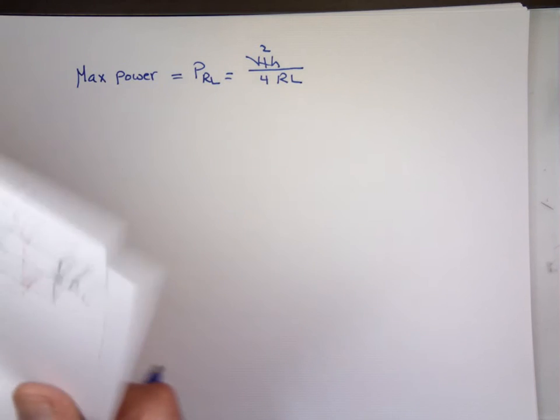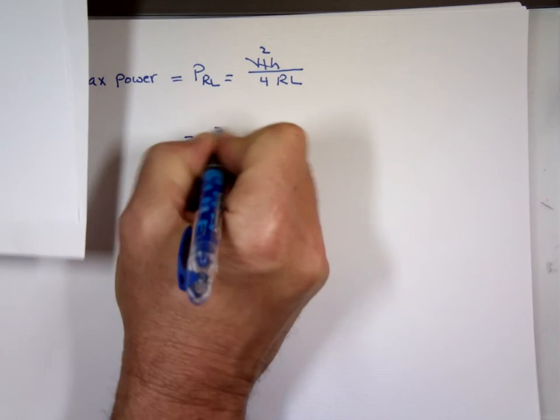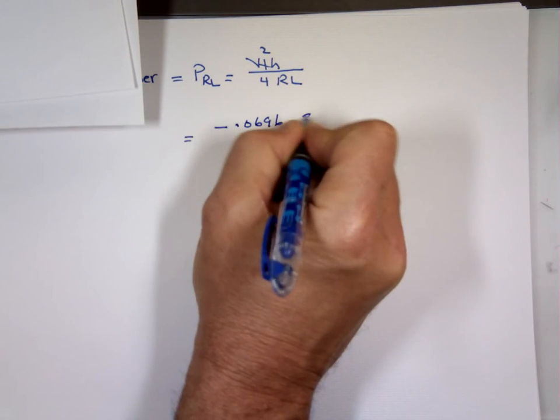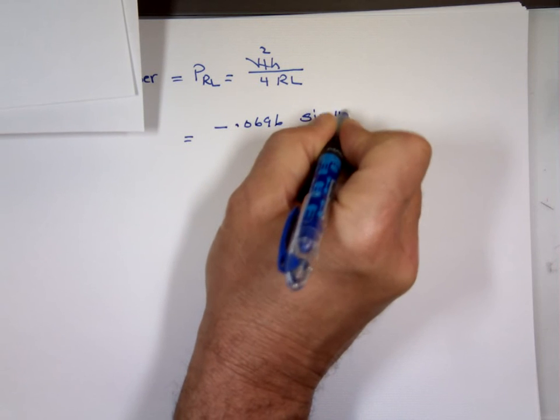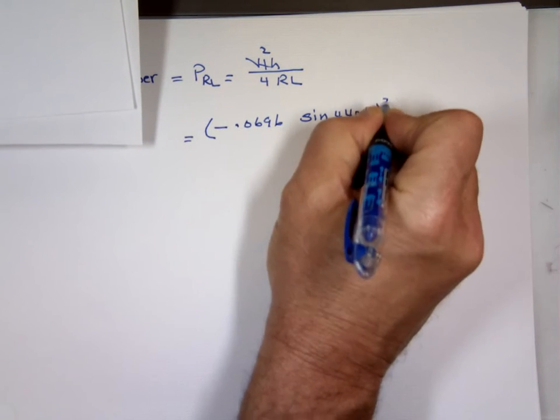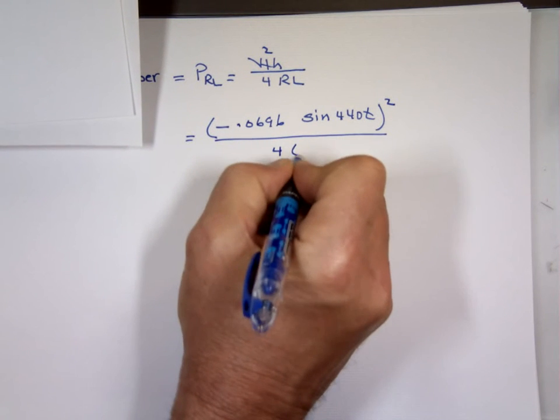I got it now. Negative 0.0696 sine 440t squared divided by 4 times R sub L. That's 4 times 1,000.